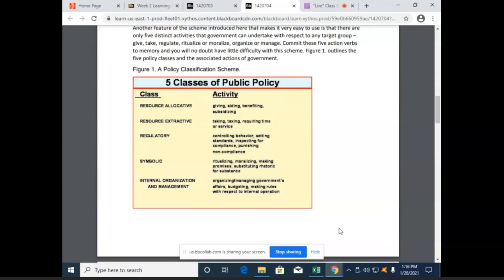How many of you received an economic stimulus check? Okay? So the primary target group there, for all practical purposes, is everyone, the entire American public. That's a big primary target group, right? And what's government doing? It's giving, it's benefiting, it's aiding, it's subsidizing.